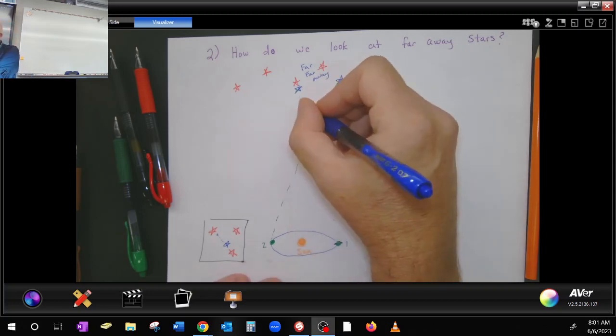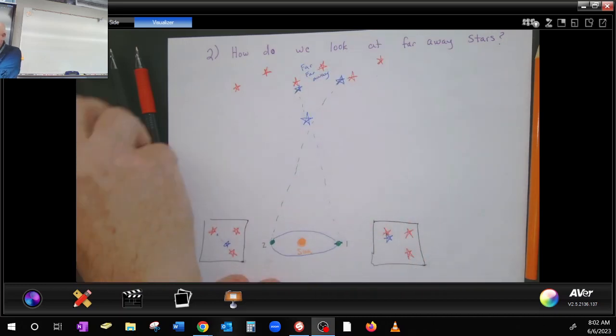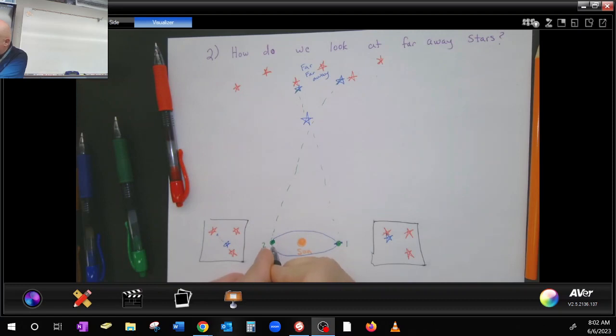What we got to do is figure out, first of all, how far is it from the Earth to the sun? The distance from the Earth to the sun is 1 AU. I don't know if you guys remember, we have talked about AUs before, but it was way back in like September, October. AU is what's called an astronomical unit.